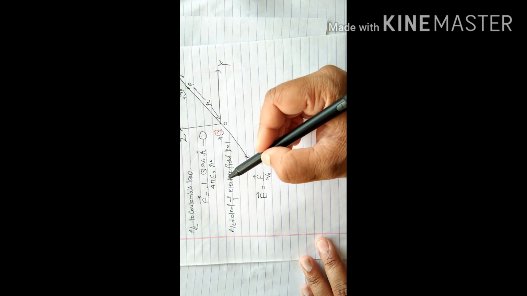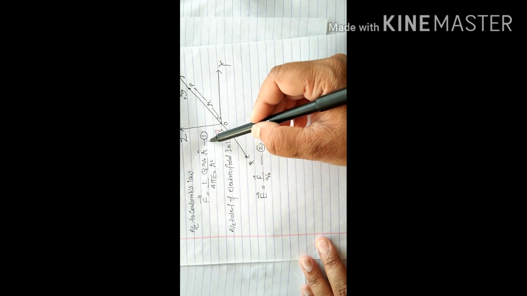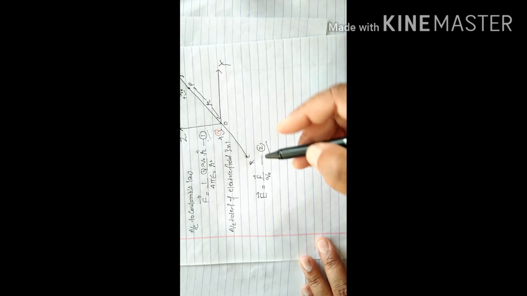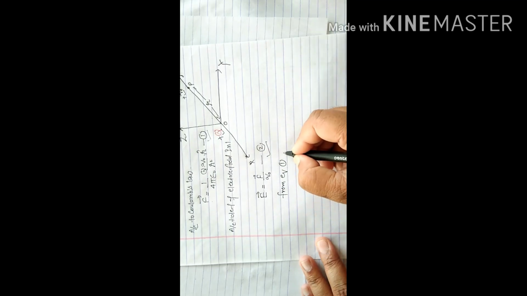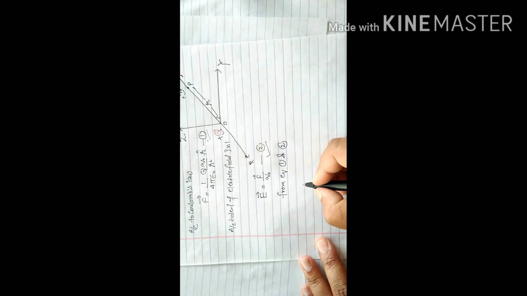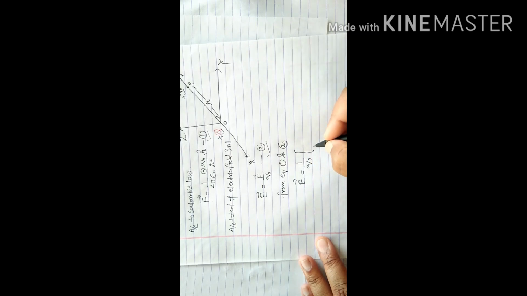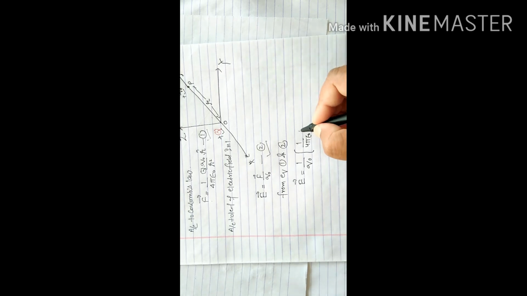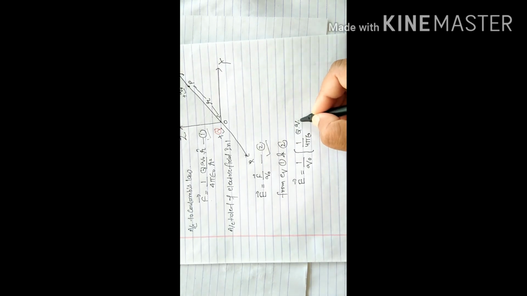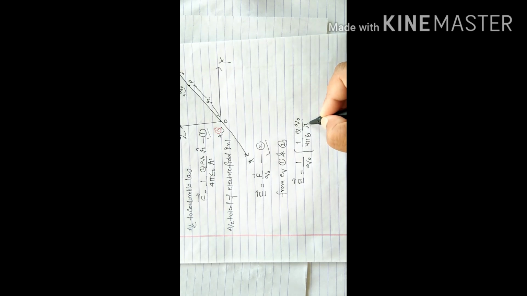Now if we put the value of this force from equation number 1 into equation number 2, so from equations 1 and 2, electric field E is equal to 1 upon Q naught times this F, which is equal to 1 upon 4 pi epsilon naught, Q naught by r square into r cap.